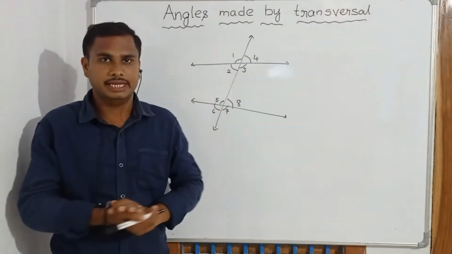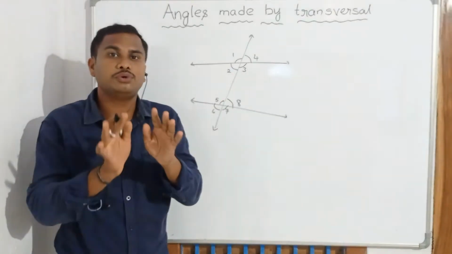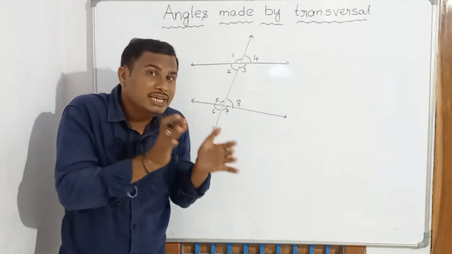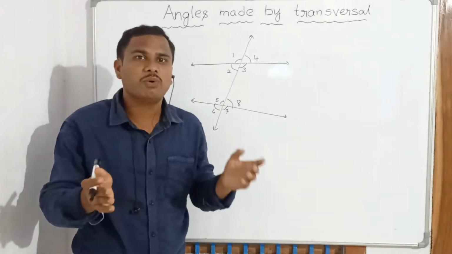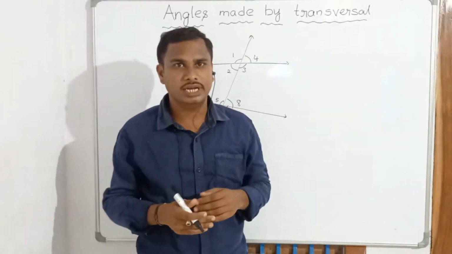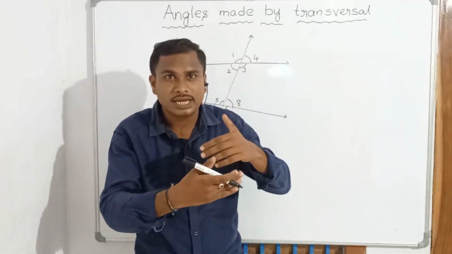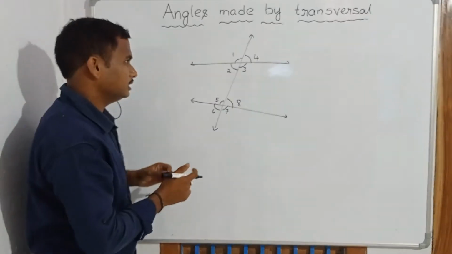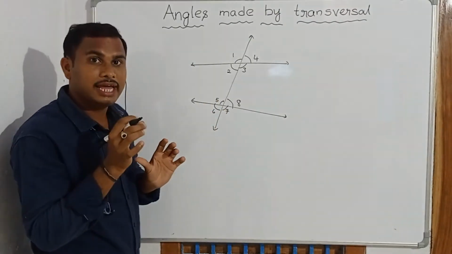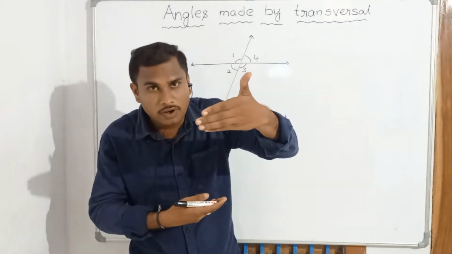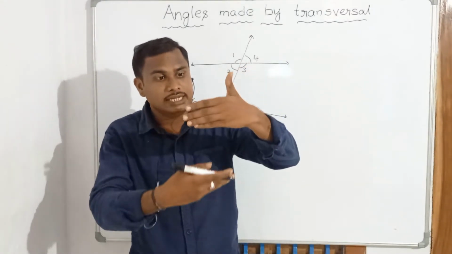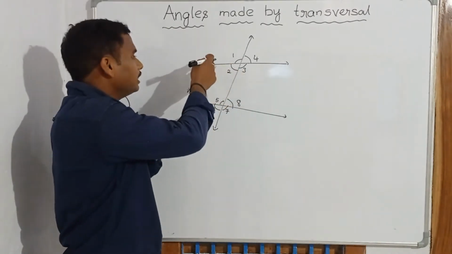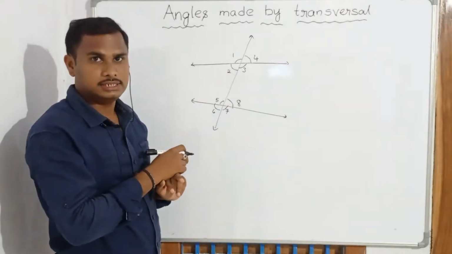Okay. These 8 angles are mainly divided into two types. One is interior angles, another one is exterior angles. See this, interior angles means the angles are interior of two lines.